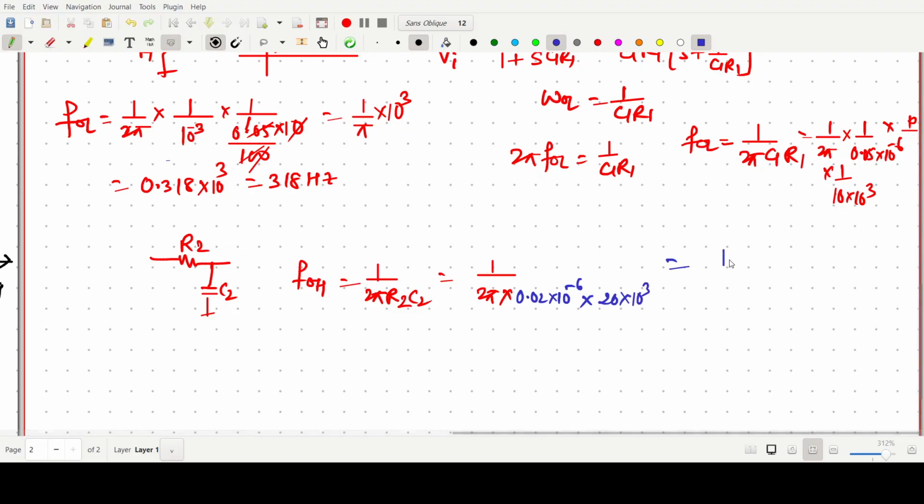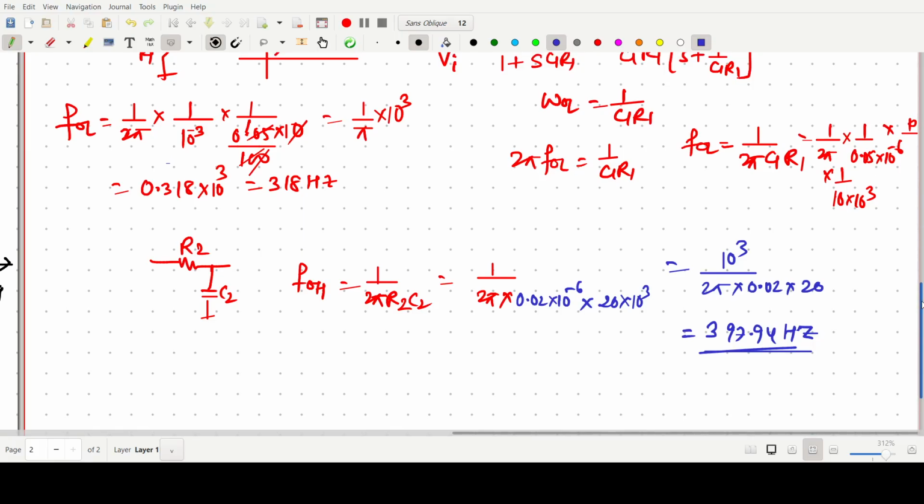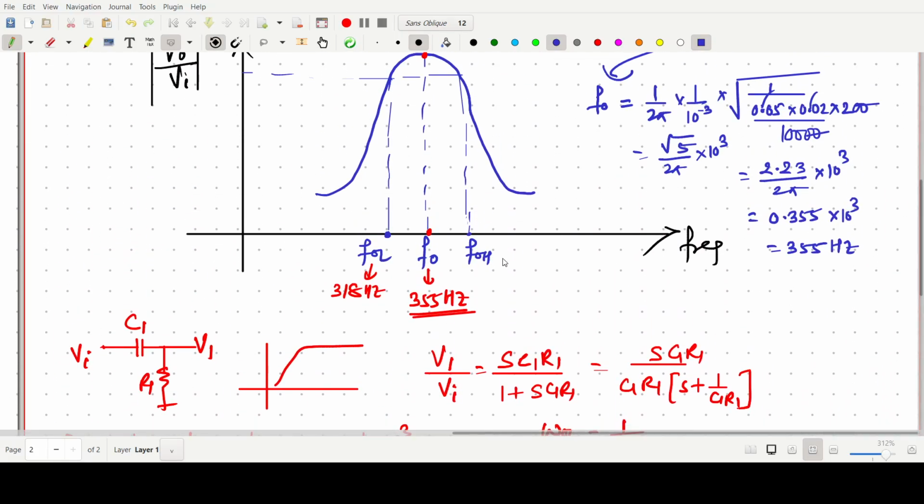It will be like 1 upon 2 pi into 0.02 into 20 into 10 to the power 3. Then if we solve this, simple calculation, it will come around 397.9 hertz.